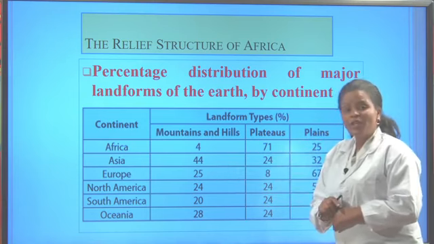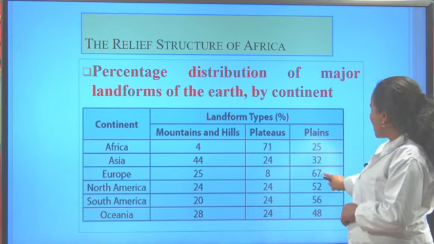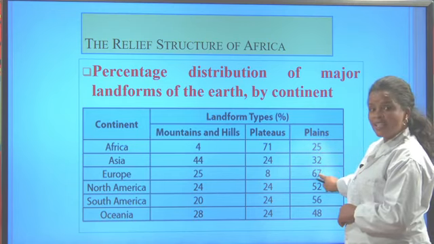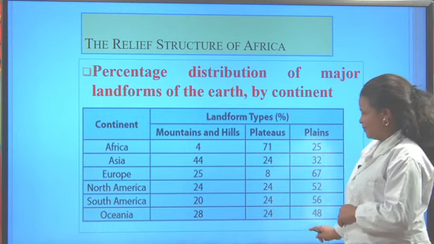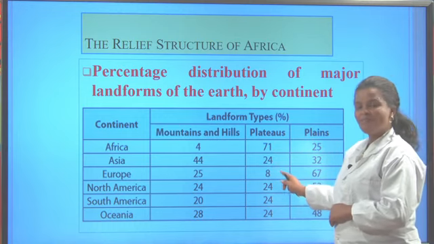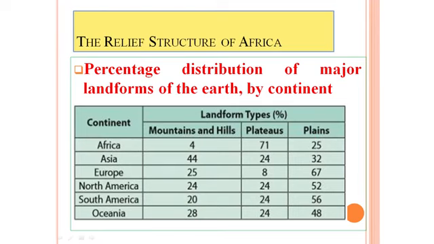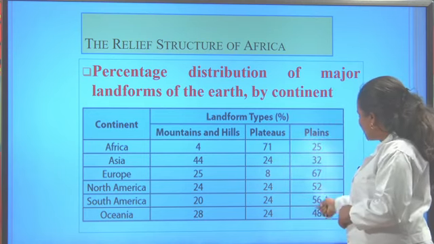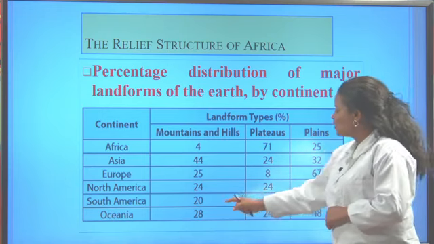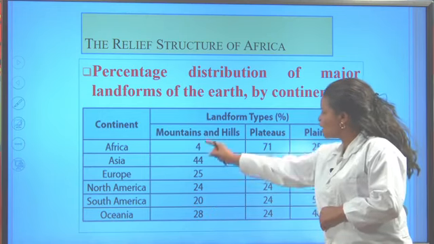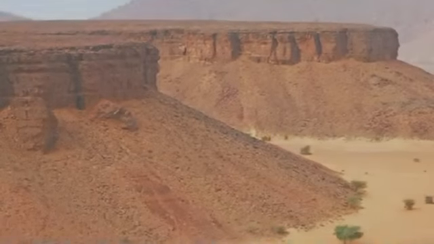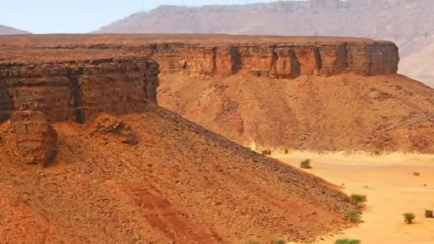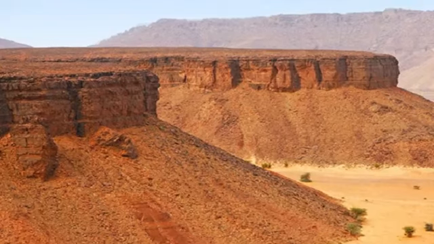The land of Europe is dominated by plain. 67% of the land of Europe is plain, but only 8% is plateau and 25% is mountain. Oceania is dominated by plain. Only 28% of Oceania is mountain and 24% is plateau. Africa is dominated by plateau.